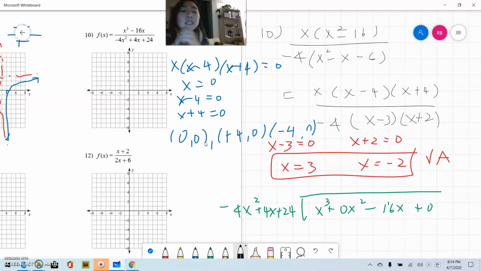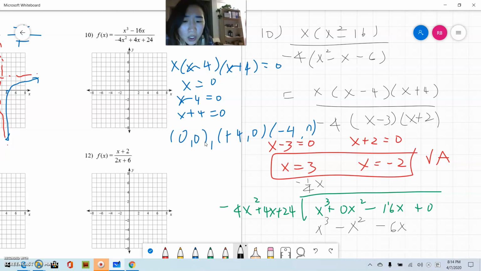All right, again, a little bit of a hard part. I have a negative 4x squared, but I need to multiply something to negative 4x squared to make it x cubed. So I need to get rid of negative 4, and I need to multiply by x. So then this becomes x cubed, and then it becomes negative x squared, and then it becomes negative 6x.